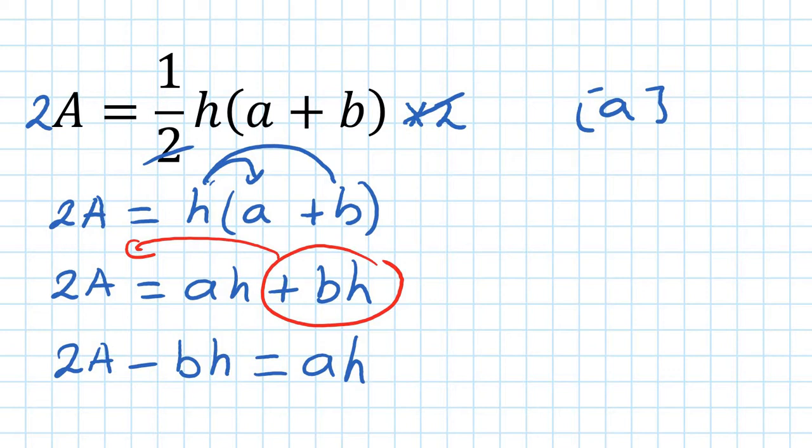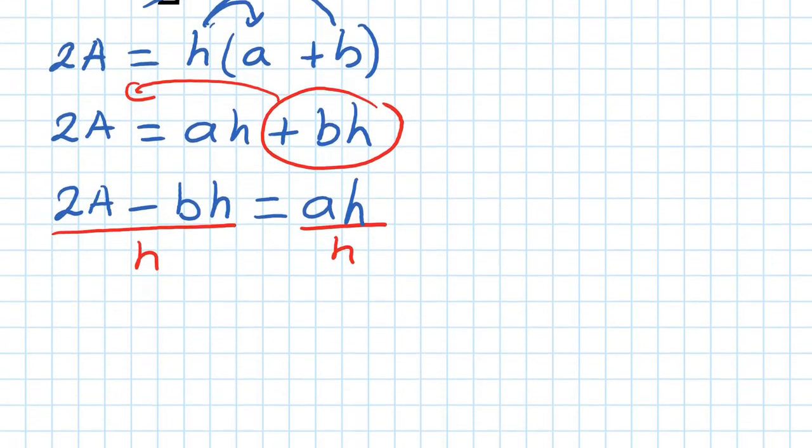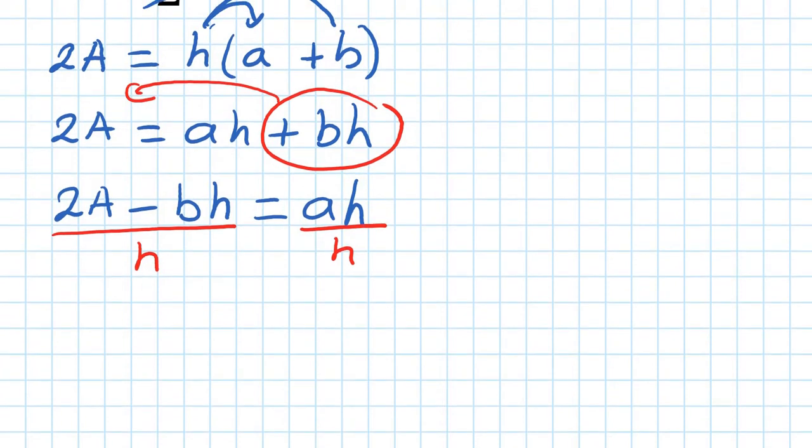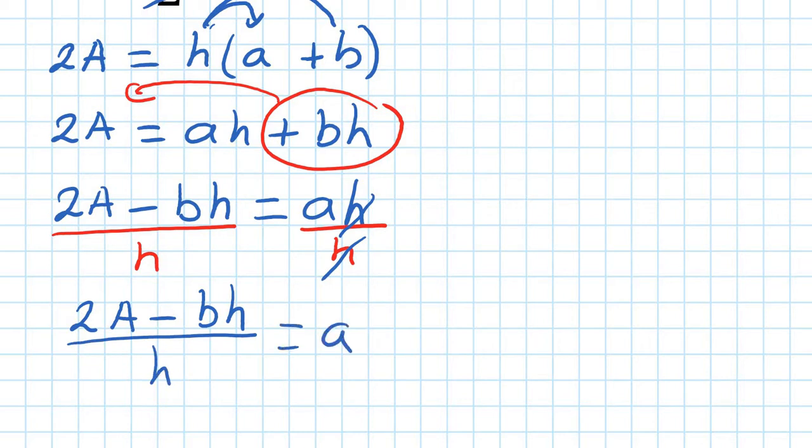Now I'm looking for a, remember? So I get rid of h. I divide by h for both sides. I just move this up a bit so I have more space to write. So that cancels out, and you're left with 2a minus bh all over h is equal to a.